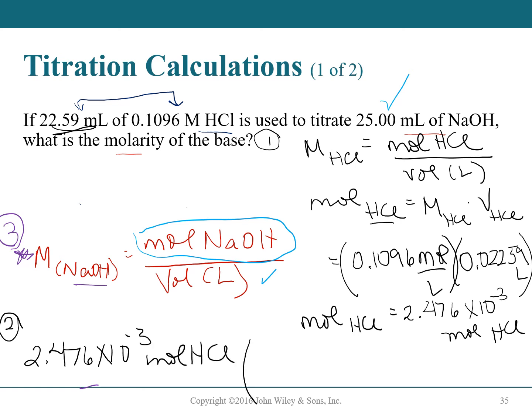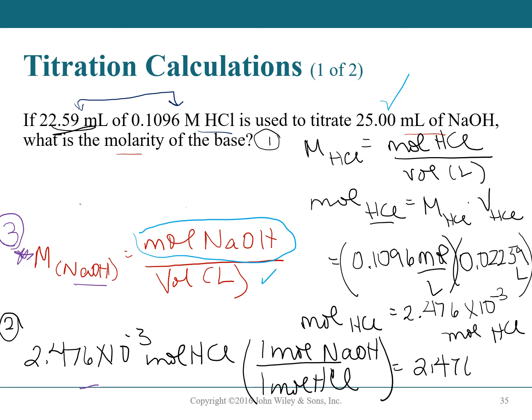And we know from our balanced equation that for every 1 mole of hydrochloric acid, we used 1 mole of sodium hydroxide. So that gives us 2.476 times 10 to the minus 3 moles of sodium hydroxide. So, yay, step 2 is done.